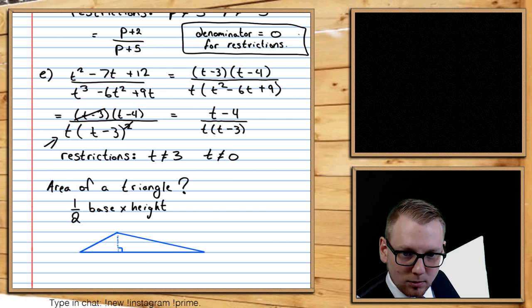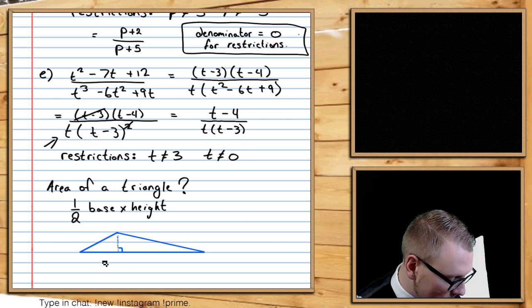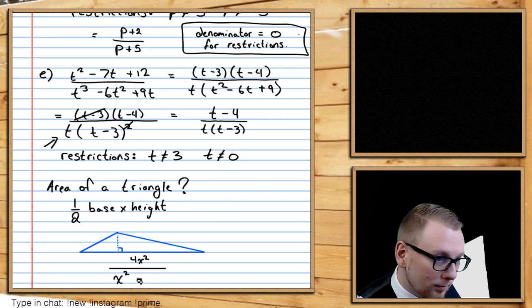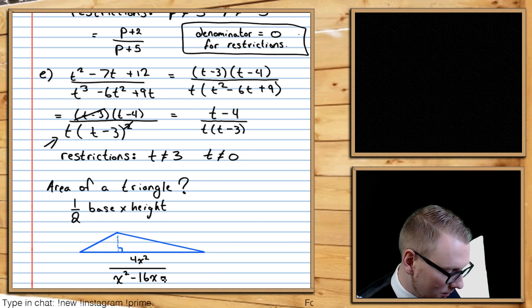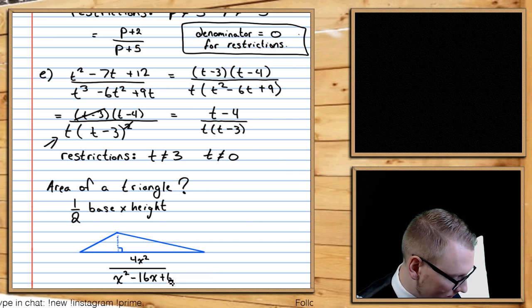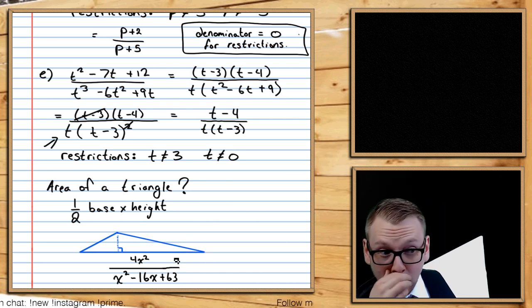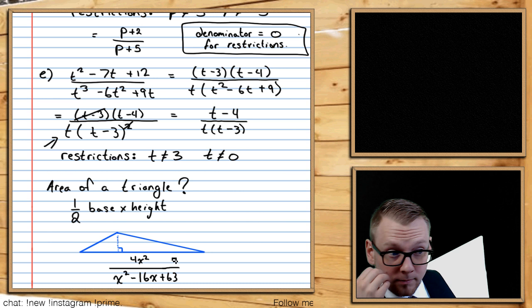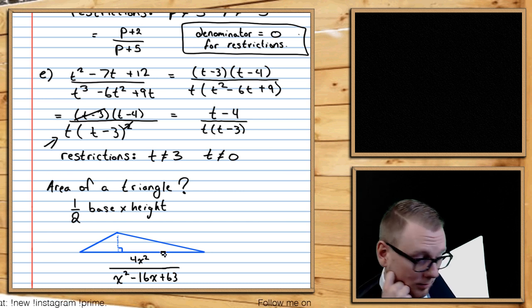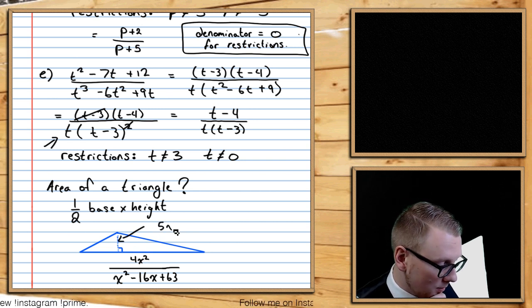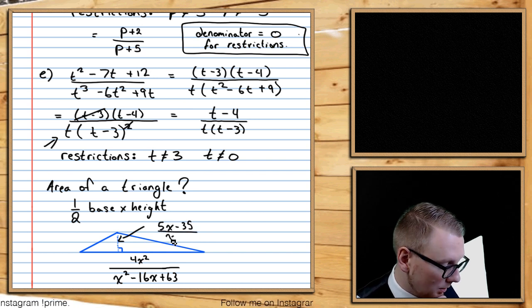they've given you the whole base, which is 4x squared over x squared minus 16x plus 63. A hefty number, but they did it. And then they gave you the height, which I'm just going to draw as an arrow, which is 5x minus 35 over x plus 3.